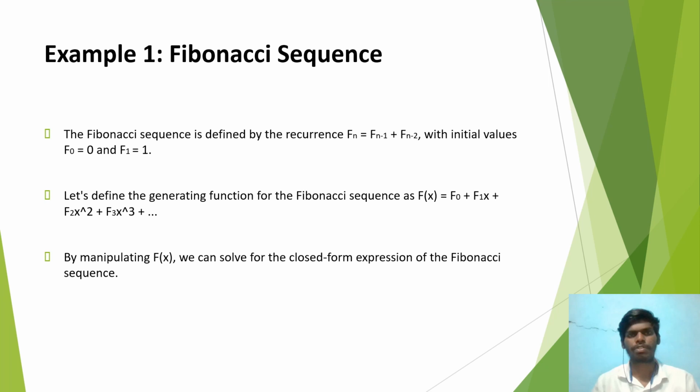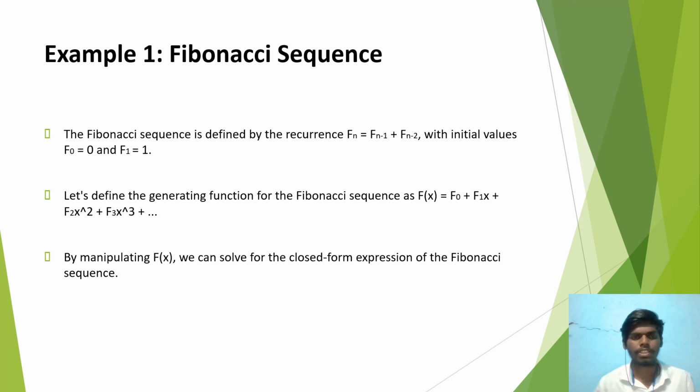Now let us see examples of generating functions and how to solve them. Coming to the first example, the Fibonacci sequence. This can be solved by the above mentioned rules. The Fibonacci sequence is defined by the recurrence F_n = F_(n−1) + F_(n−2) with initial values F_0 = 0 and F_1 = 1.